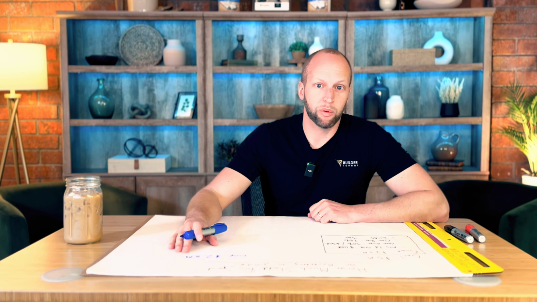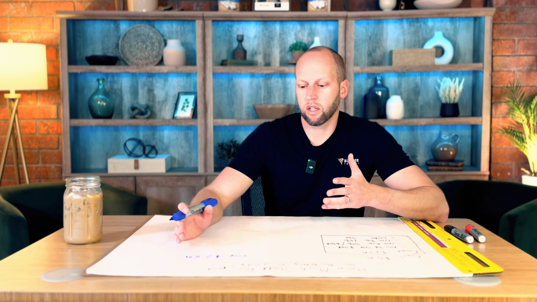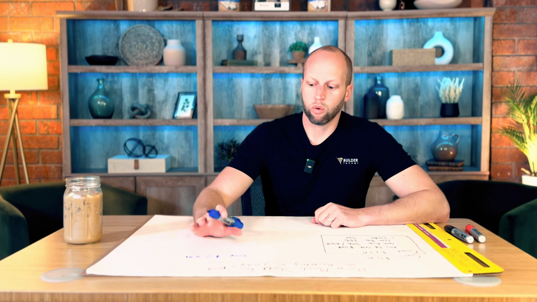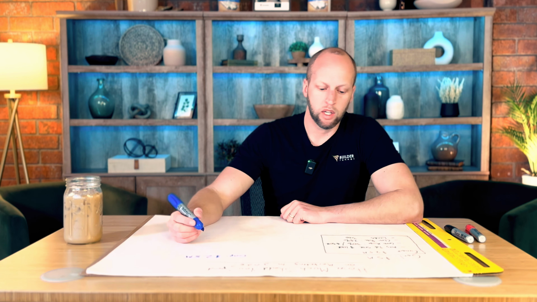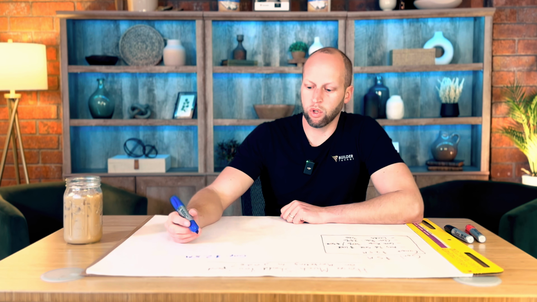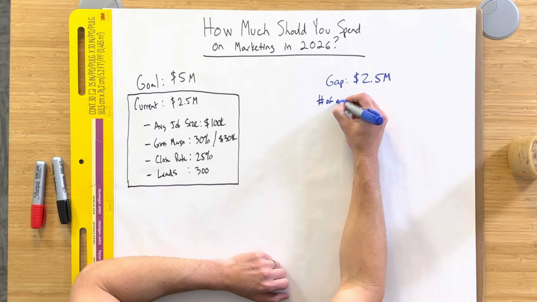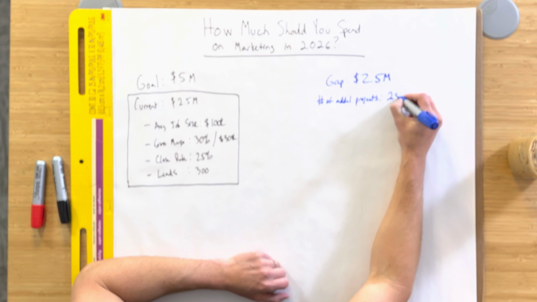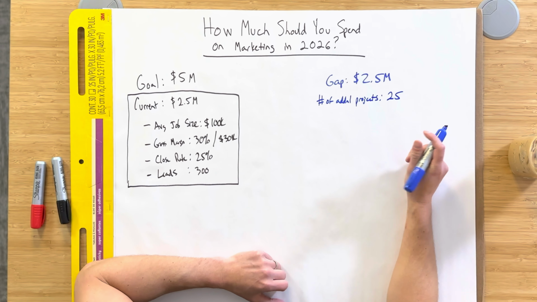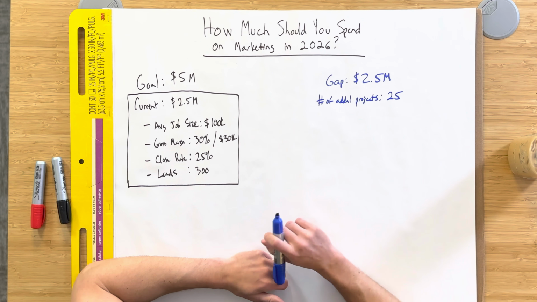That's helpful, but we need to keep breaking this down because we can't just snap our fingers and say, great, let's go out and get $2.5 million. What is that comprised of? It's comprised of projects that are $100,000. So 100 into 2.5, this is the number of additional projects. We need 25 more than the previous year. So we need an additional 25 projects so that we can hit our goal.